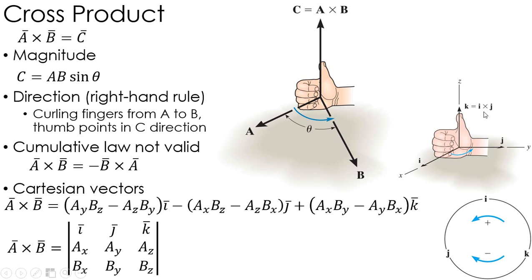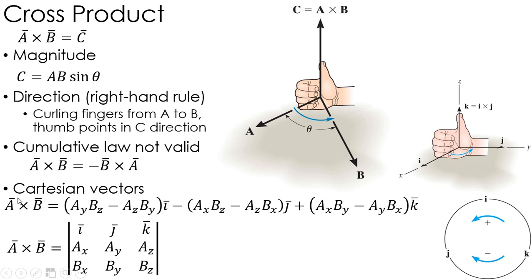By definition, our sign convention is that i cross j equals k, and really that's the only cross product I want you to memorize. i cross j gives you a positive k, which means that if I point my fingers along the i vector, close them, curling them towards the j vector, my thumb points in the k direction, or the z direction.